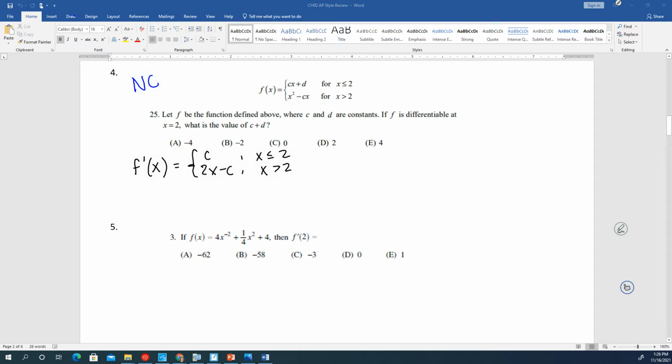Okay. So this is going to help us. We know it's differentiable at x equals 2. So coming in from both sides to 2, the derivative from the left, where we would use c, is the same as the derivative coming in from the right, where I would use this piece.